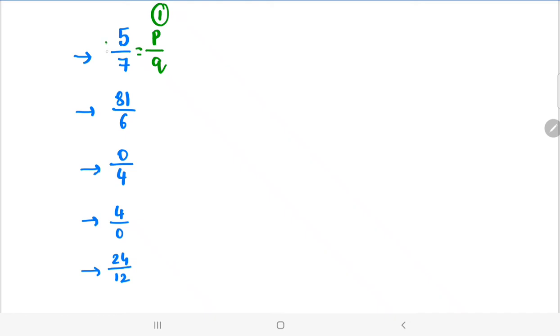So 5 and 7 both are integers, right? And the third rule is q, that is the denominator, should not be equal to 0. 7 is not equal to 0. So 5 by 7 is a rational number.